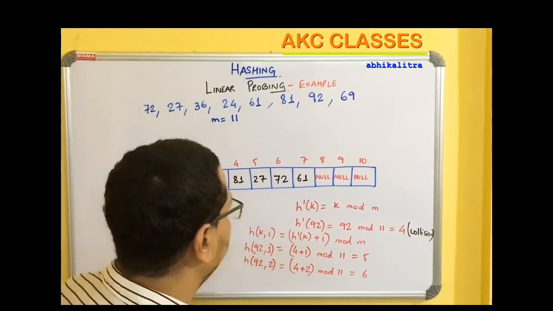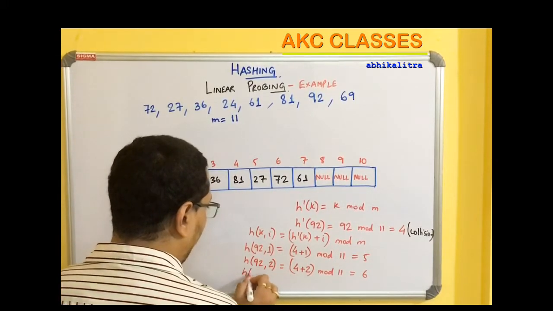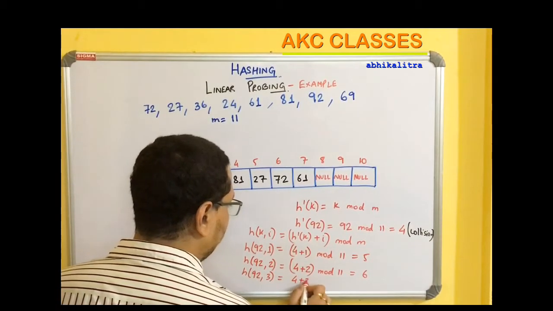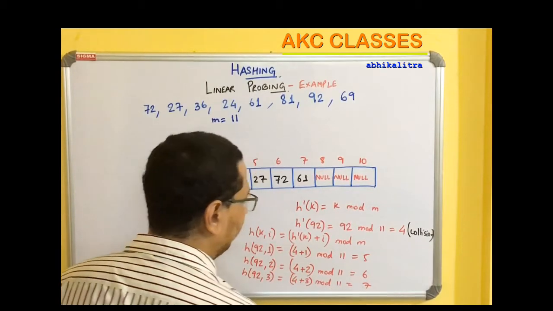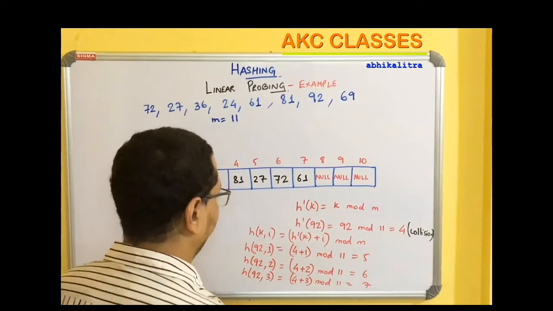So if I move on to 6, is it empty? No, it is not. So I will move on to h of 92 comma 3. So it will be 4 plus 3 mod 11, which is 7. So is 7 empty or not? No, it is not. Again a collision.